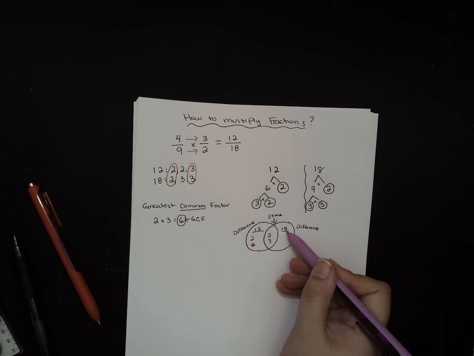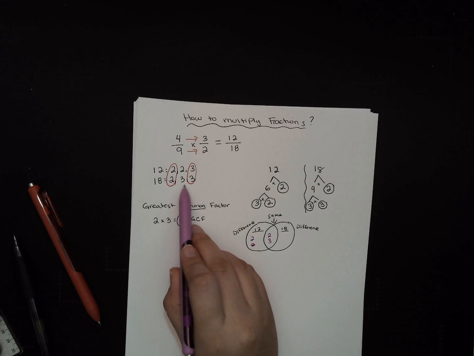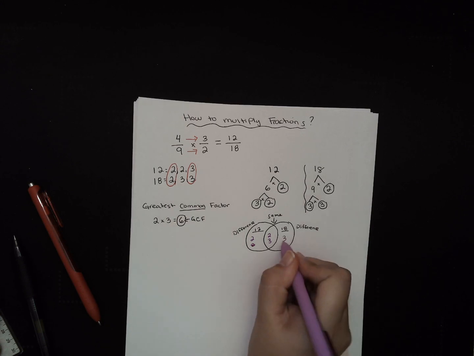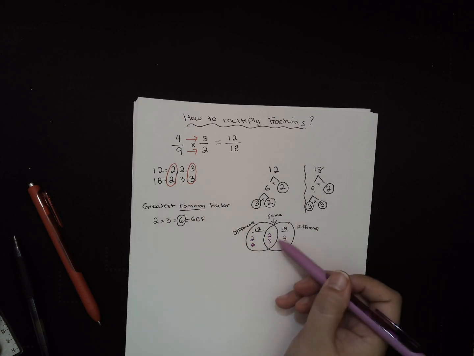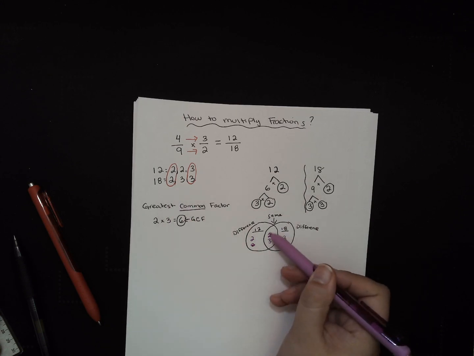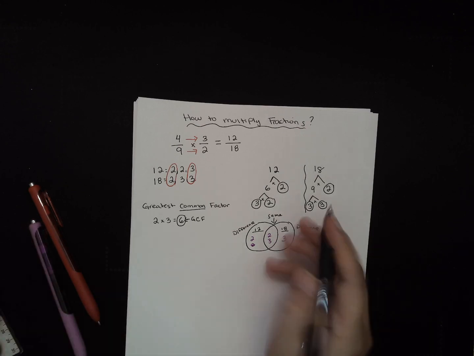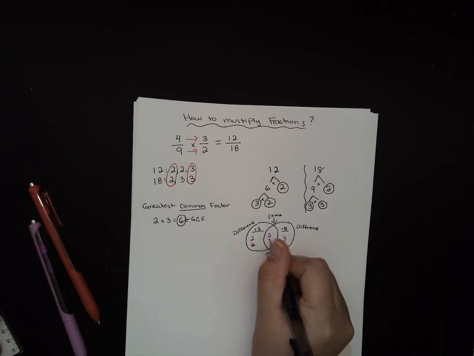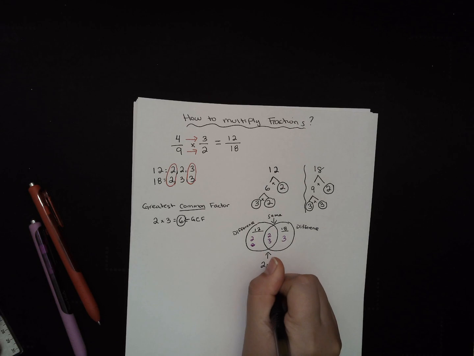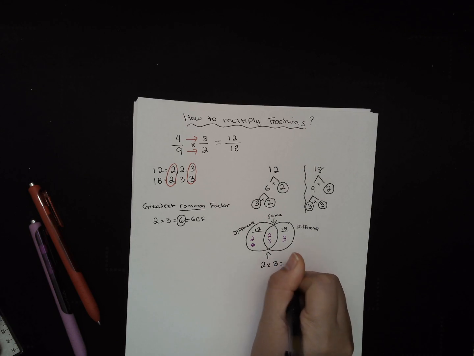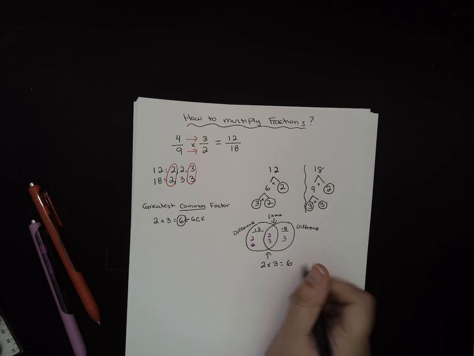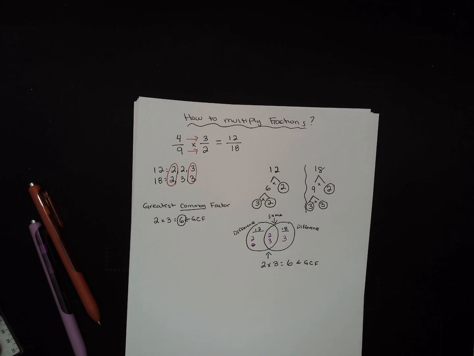On 18, I have a 3 over here, and I also have a 2 and a 3, so I'm putting it once, okay? I have 2 and 3. So what is 2 times 3? 2 times 3 is 6, okay? And again, this is my greatest common factor.